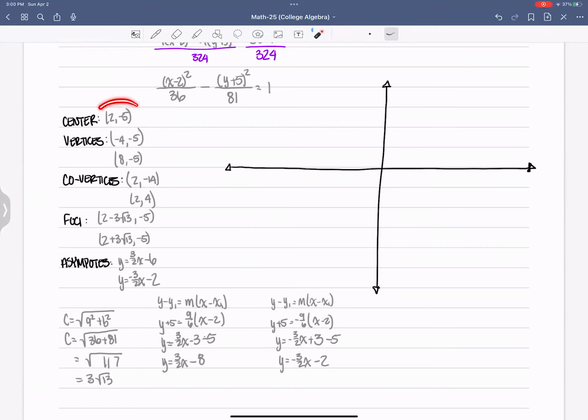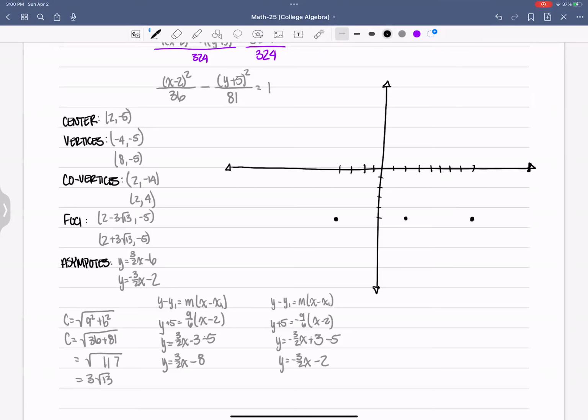But here we have x is 2, y is -5. Vertices at -4, -5. So 1, 2, 3, 4, -5. There's that one. And 8, -5. 1, 2, 3, 4, 5, 6, 7, 8.